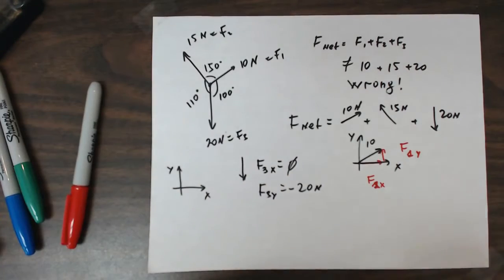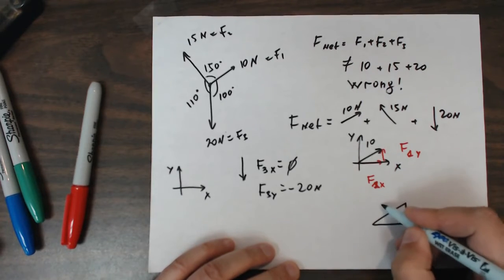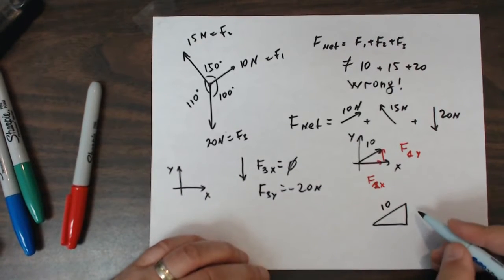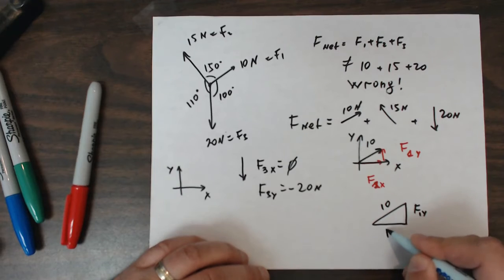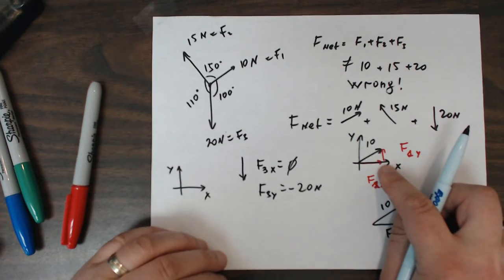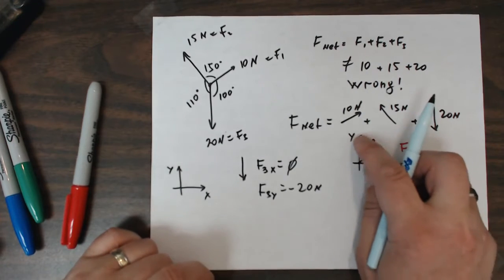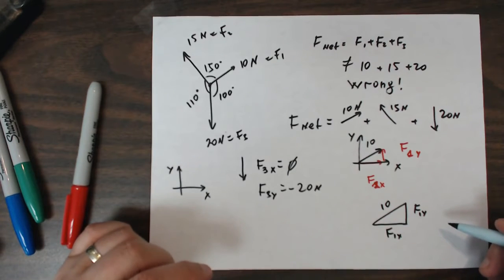So the triangle, this triangle, looks like this. The hypotenuse equals 10 newtons, and we need to calculate these sides. The x component is positive, and points in the positive x direction. The y component is positive. So each component is positive.